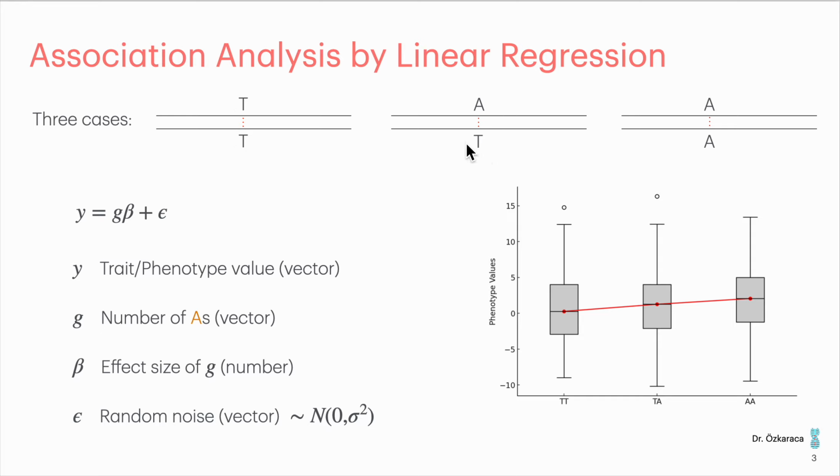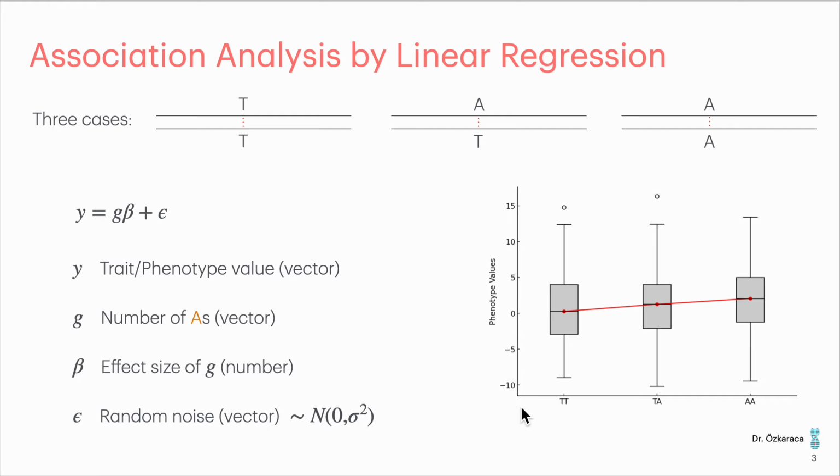If the individual has the AT genotype in that position in their genome, then it has the G value 1, and so on. And beta is the slope that we are interested in, the effect size of G, and epsilon is the random noise, which we assume is normally distributed with some variance.